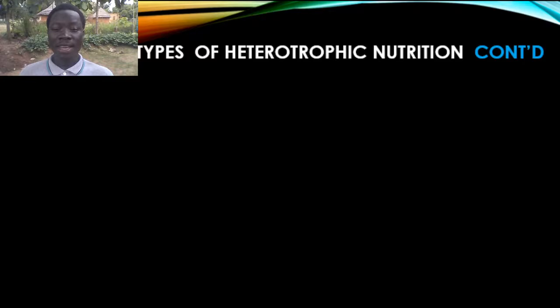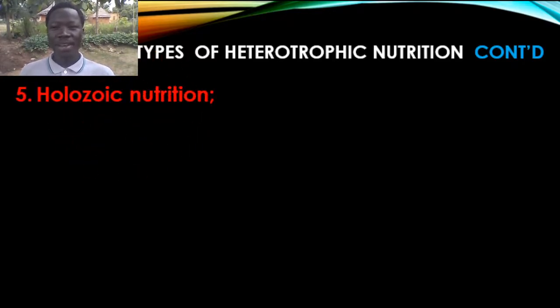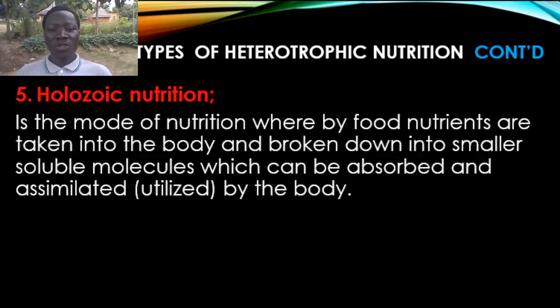And then holozoic nutrition, which is the most complex mode of heterotrophic nutrition, that you yourself as a human being also have. So I want to talk about holozoic nutrition.